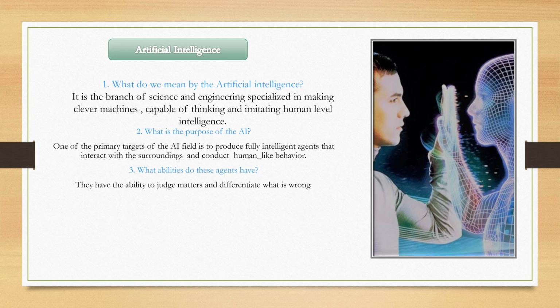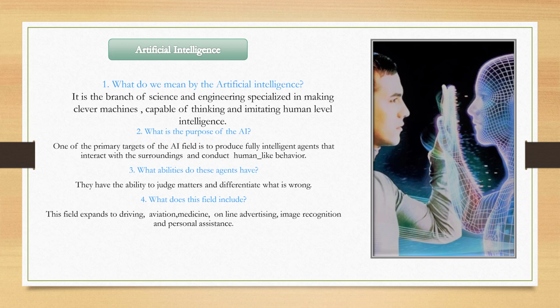And what abilities do these agents have? They have the ability to judge matters and differentiate what is wrong. Number 4, what does this field include? This field expands to driving, aviation, medicine, online advertising, image recognition, and personal assistance.